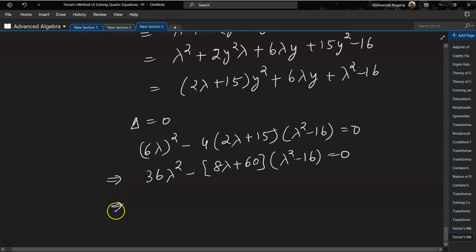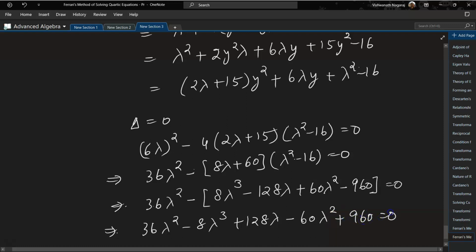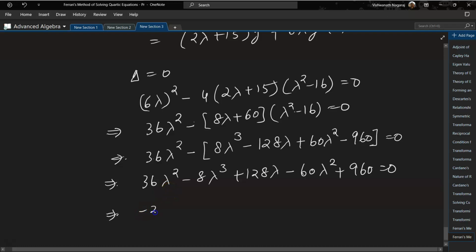Now, this would imply 36λ² − 8λ³ − 128λ + 60λ² − 16, 6, 96, so 960 equal to 0, which implies 36λ² − 8λ³ + 128λ − 60λ² + 960 equal to 0, which implies 36 minus 60 is −24λ² − 8λ³ + 128λ + 960 equal to 0.